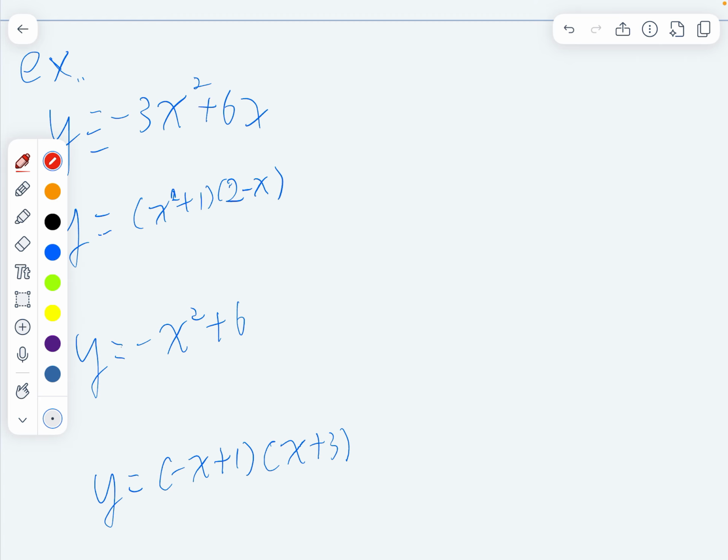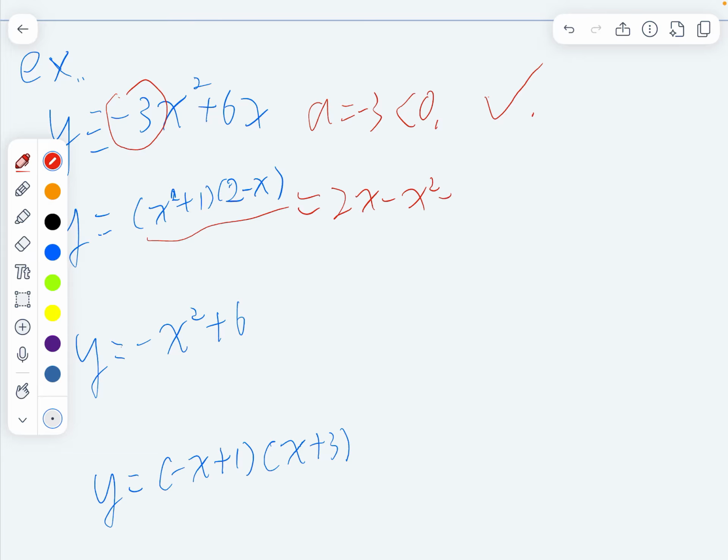So these are some examples we can explore here. For the first one, we just check whether a is greater than 0 or smaller than 0. The first one has a equal to negative 3. It is smaller than 0, so it's reflected in the x-axis. The second one, we need to expand it: it equals 2x minus x squared times 2, and you can notice that there is negative 1 x squared, so it's reflected in the x-axis.